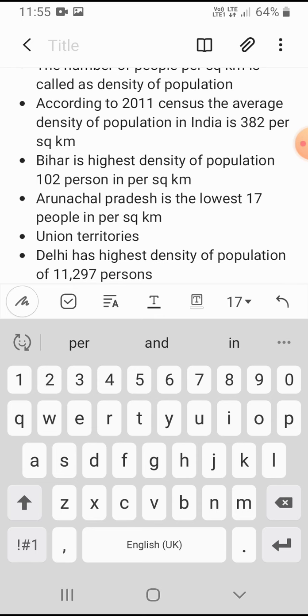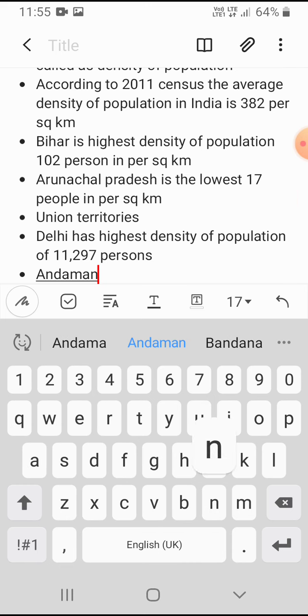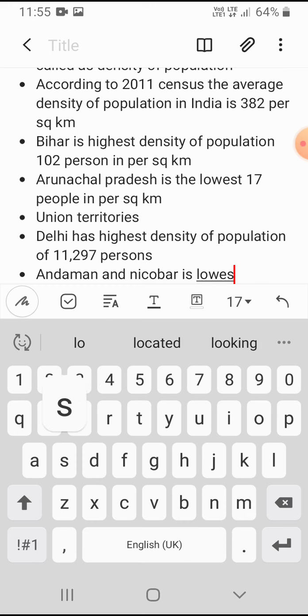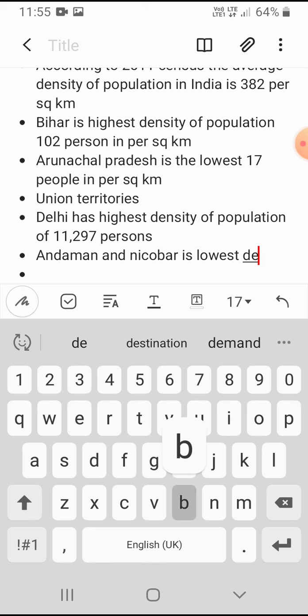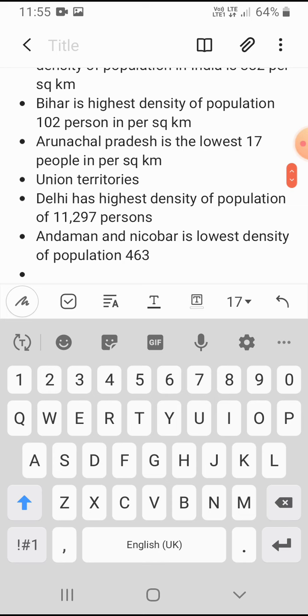And Andaman and Nicobar is the lowest, with a density of population of only 46 persons. It has the lowest density of population.